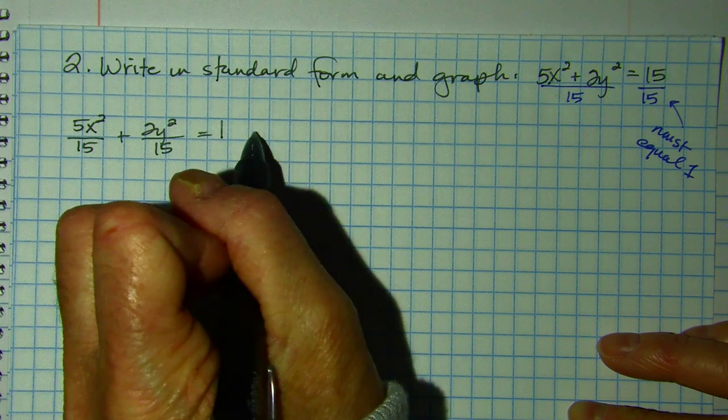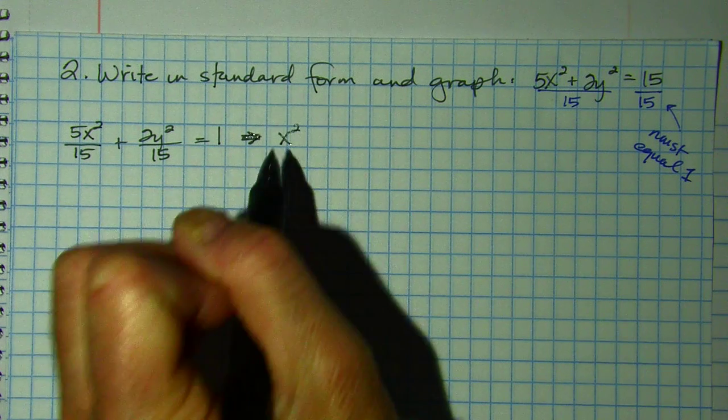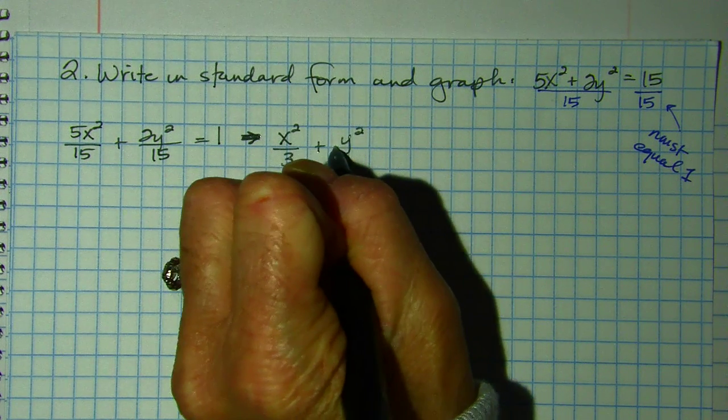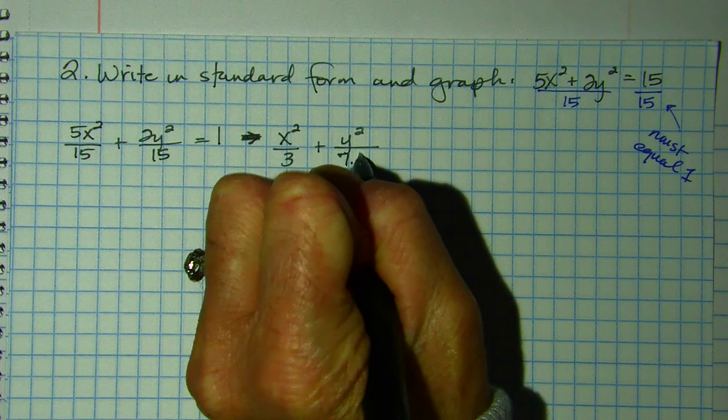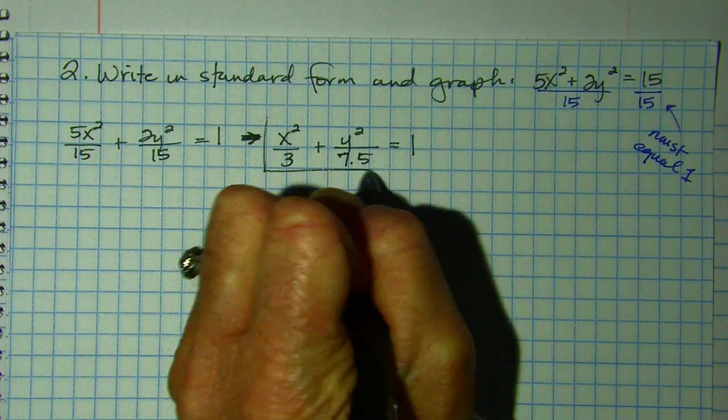And then we're going to reduce. So that gives me x squared over 3 plus y squared over 7.5 equals 1. So there it is in standard form.